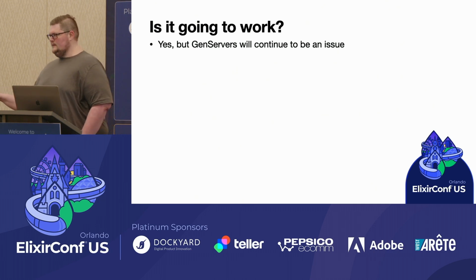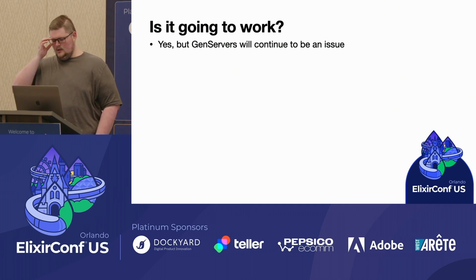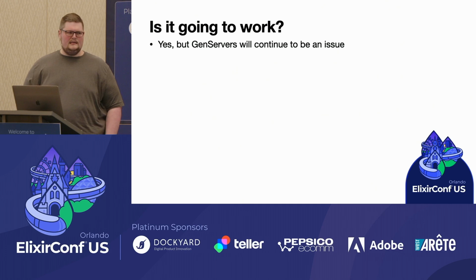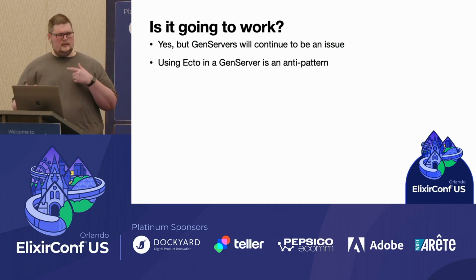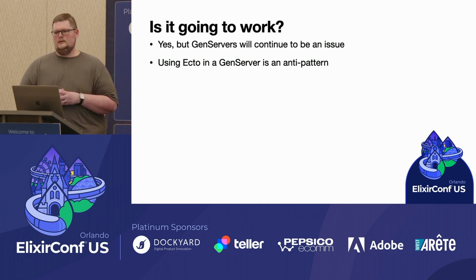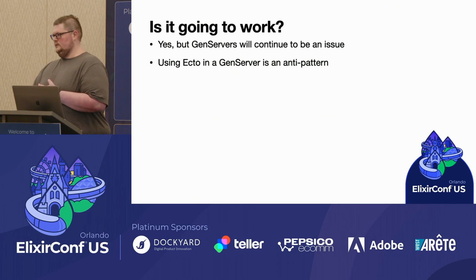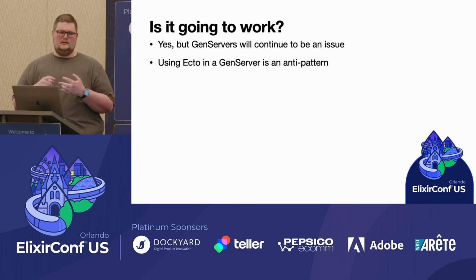We were able to put that in as a plug for our REST API and then kind of forget about it and just test it the one time, but we did have to keep worrying about it anytime that we use a gen server to hit the database. And yes, we know that using Ecto in a gen server is an anti-pattern. Gen servers are for managing state and doing asynchronous processing on that state.